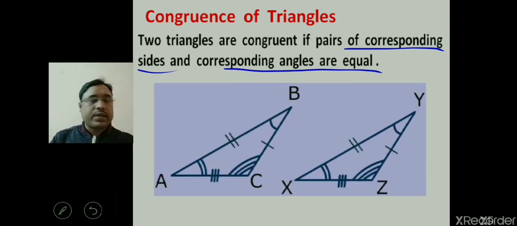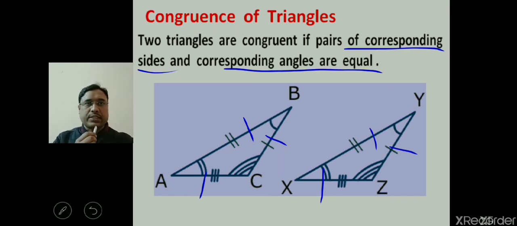In these two triangles, corresponding sides AB corresponds to XY, AC corresponds to XZ, and BC is the corresponding side of YZ. So this way you can find that the corresponding sides and corresponding angles are equal. I have also shown which are the corresponding angles.